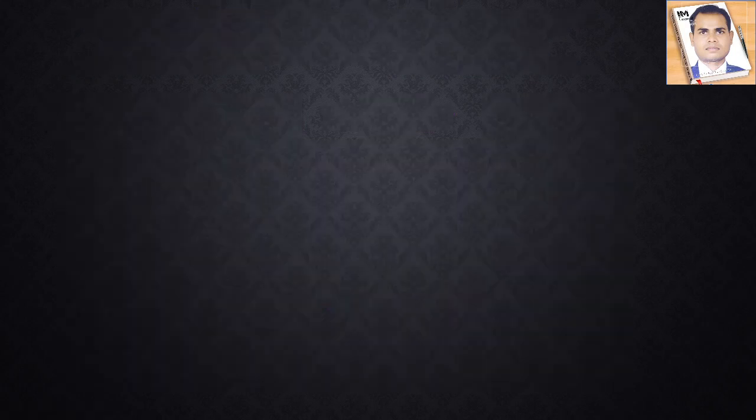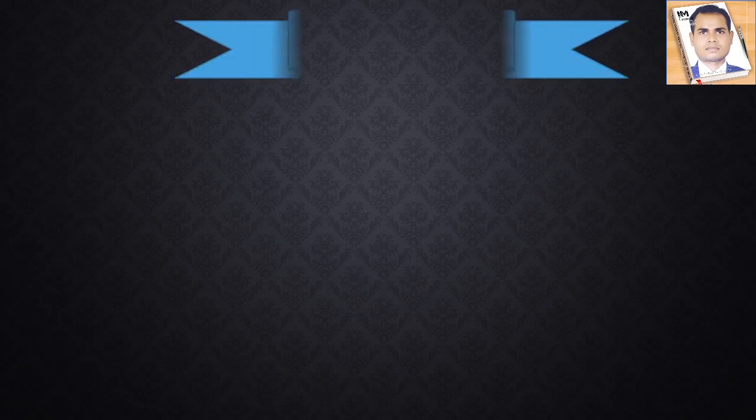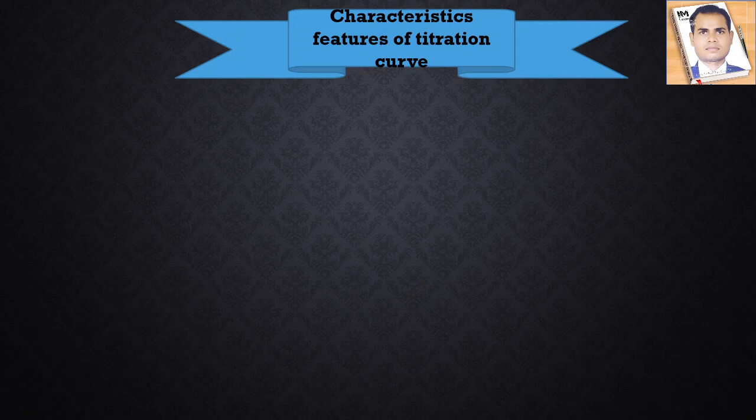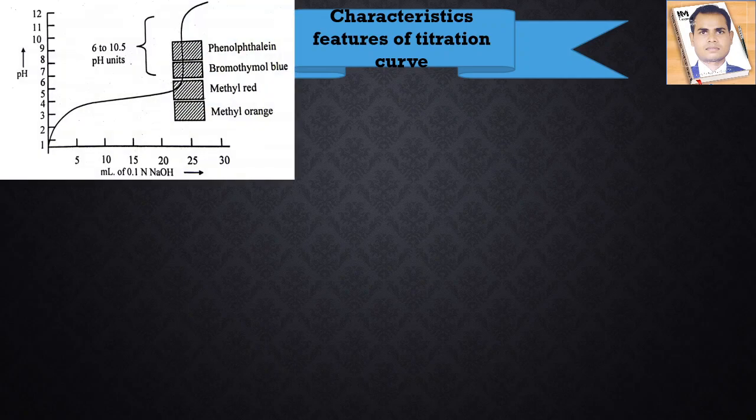At the first stage, what will happen without addition of NaOH? What will be the pH of this solution? Before that we have to see the features of the titration curve for the strong base and weak acid.